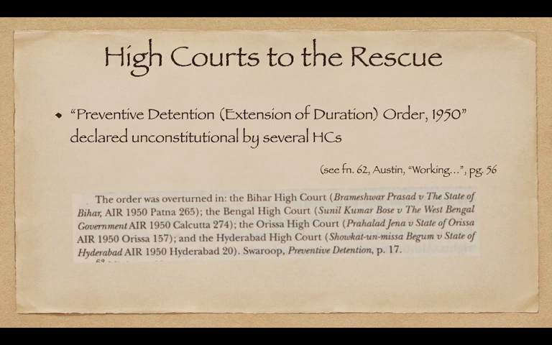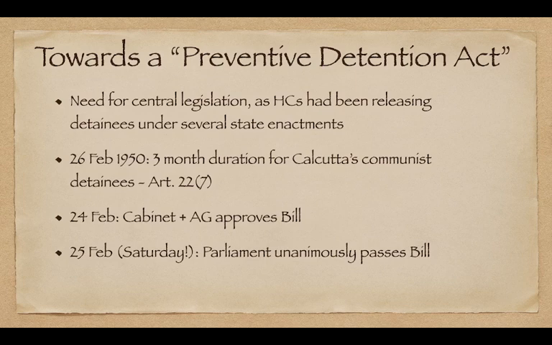So then the stage was set for a showdown between the government and the judiciary, and it led us down the path to the Preventive Detention Act of 1950. This particular enactment was required because of these preceding events.